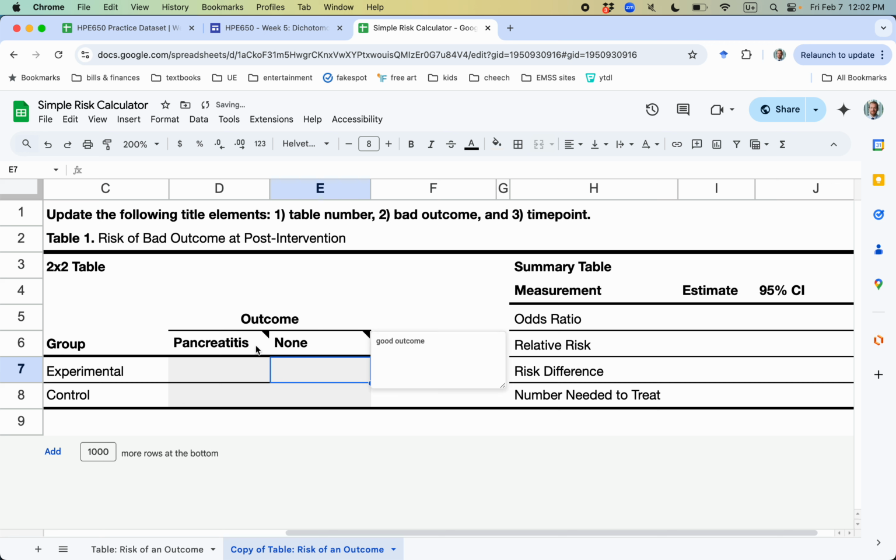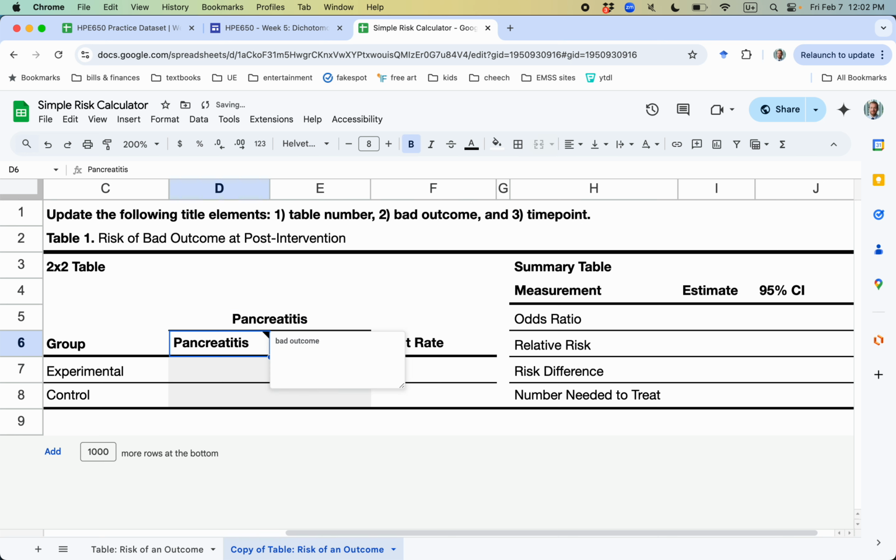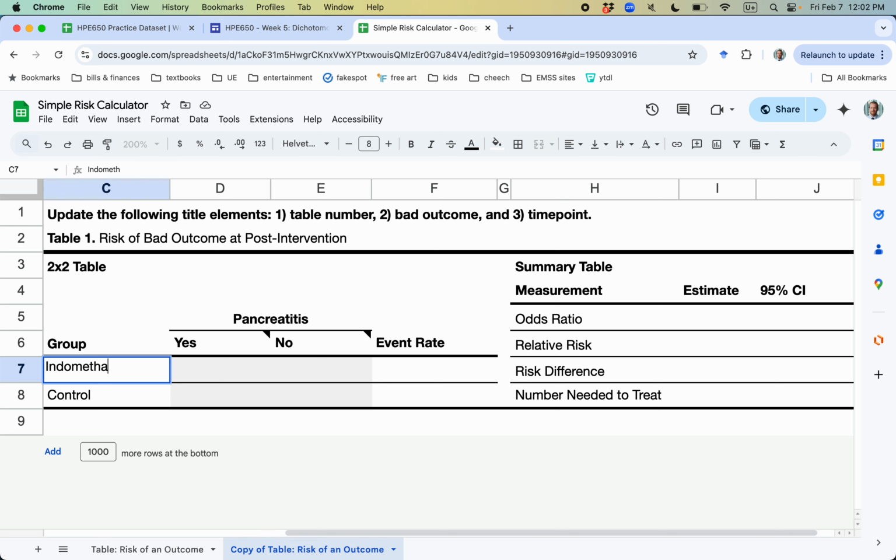By convention, we put the bad outcome on the left and the good outcome on the right. You could also write pancreatitis up here and say yes, no. That's totally fine too. In fact, it probably looks a little bit better.